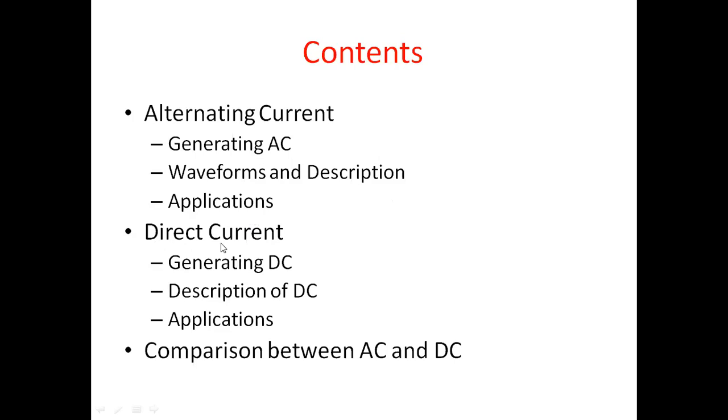Next is direct current, and in that the sources of generation of direct current, that is DC. Then how to describe the DC waveform. Next is applications of DC, direct current, and last point is comparison between alternating current and direct current.